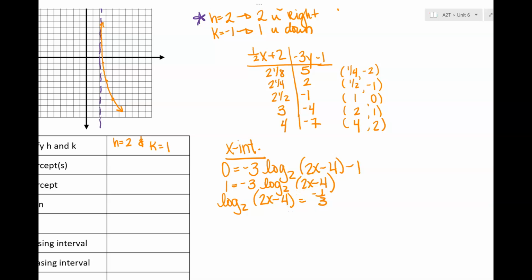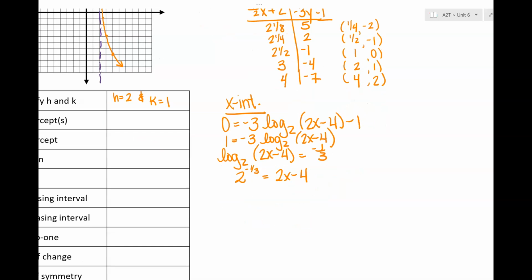Again, I have a logarithm on one side, but not the other. So the only thing we can do is rewrite it exponentially. So 2 to the negative 1/3 power is equal to 2x minus 4. Oh, negative exponents, how we love you. So I'm going to take the reciprocal of the base, not the exponent.